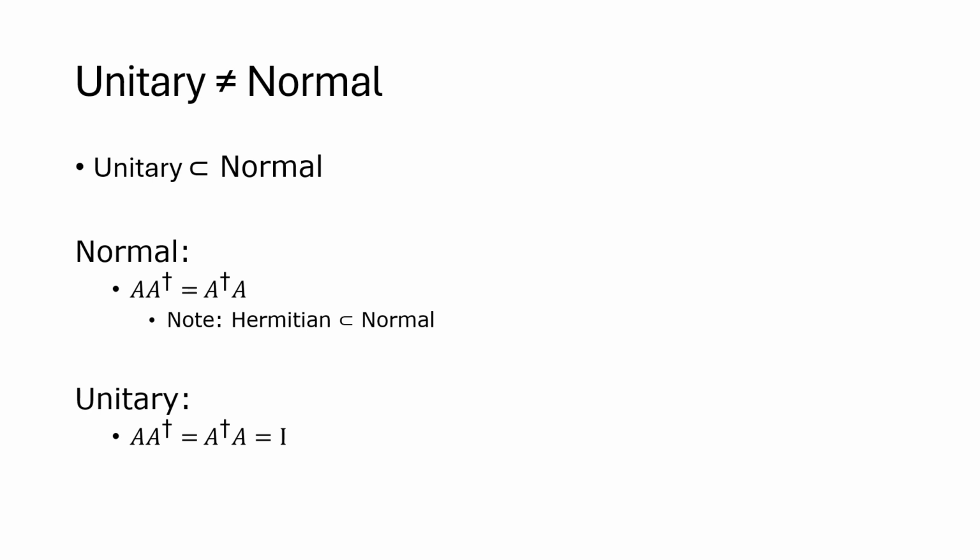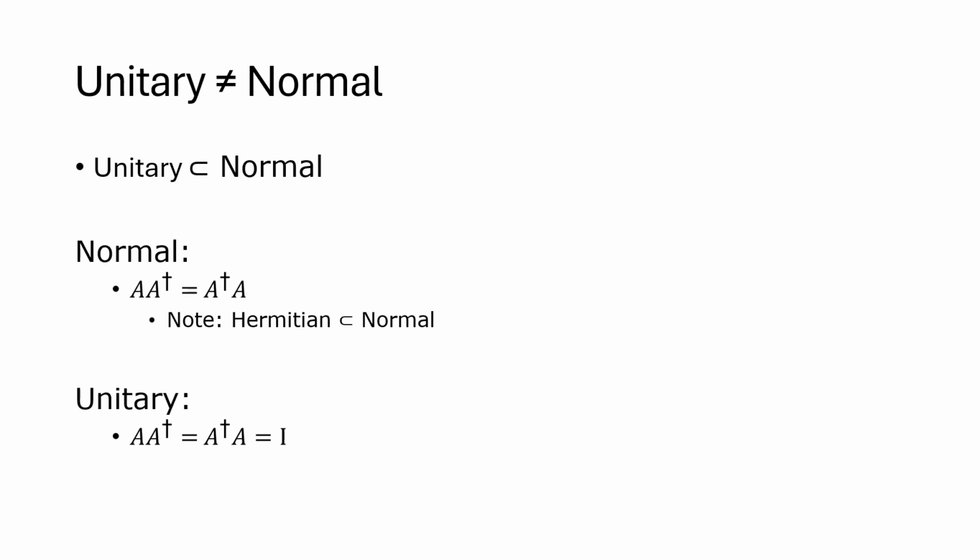An example of a normal matrix would be a Hermitian matrix. And again, a Hermitian matrix does not equal a normal matrix. It's just a subset of all the normal matrices. Same thing with the unitary matrices. It's the same as a normal matrix, with the exception that the product results in an identity matrix.